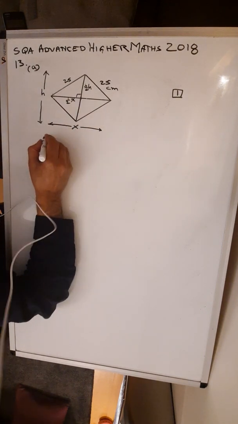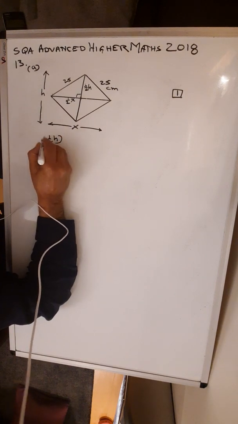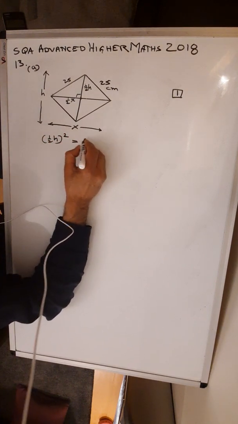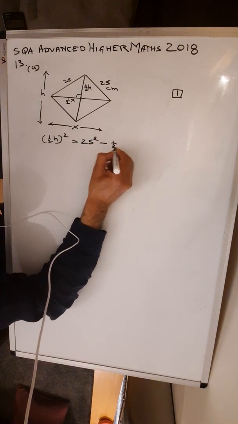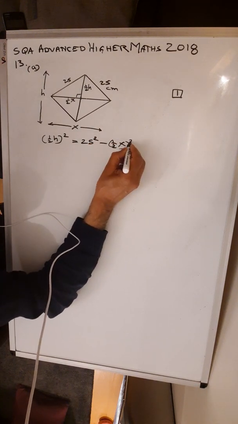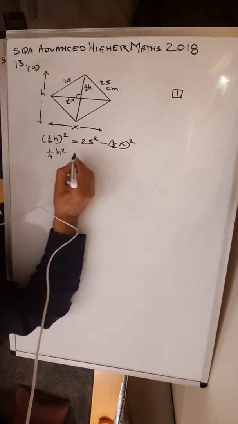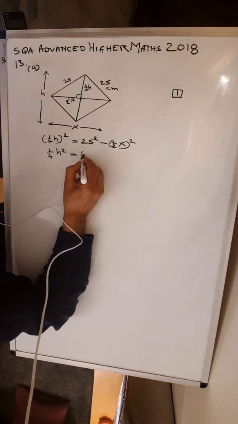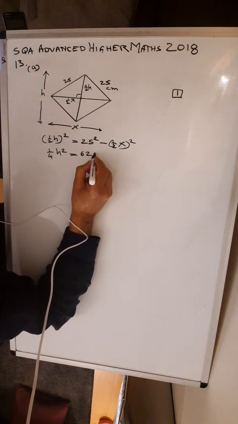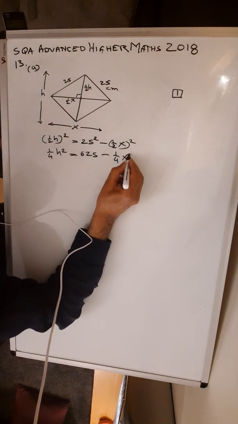Using Pythagoras, that means that half h squared is equal to 25 squared minus a half x squared, which means that quarter h squared is 625 minus a quarter x squared.